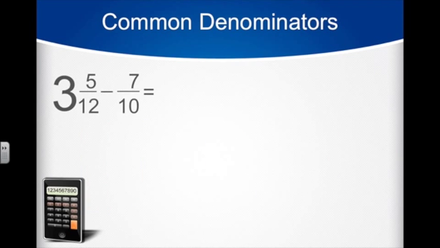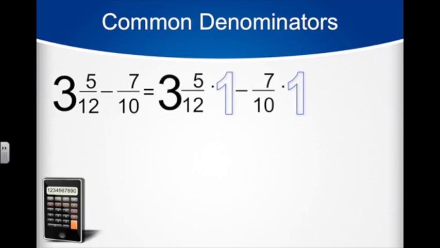For our final example, let's look at a problem that has one extra element of complexity, 3 5/12 minus 7/10. As we did before, we are going to have to multiply each fraction by some form of 1 in order to get a common denominator. But what should that denominator be?